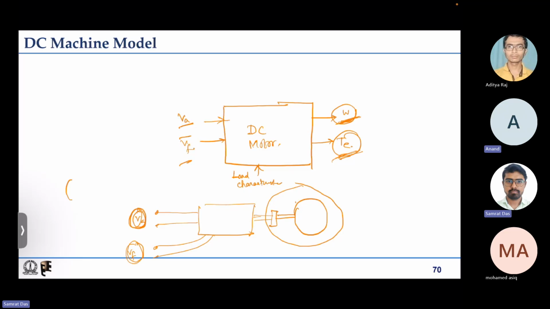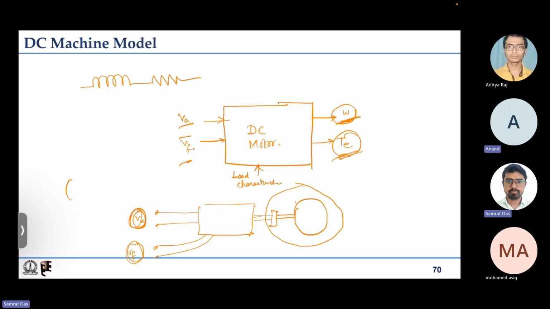But it is there only for a very small amount of time; once it goes to steady state, that value will become zero? No, the inductance remains the same. The inductance value does not go to zero.